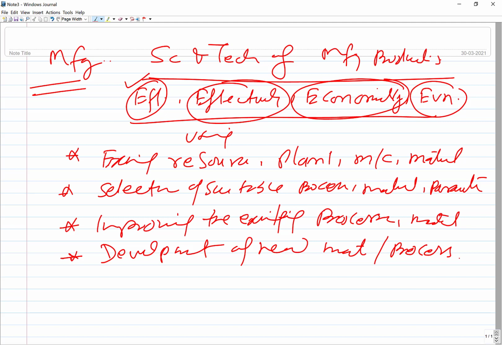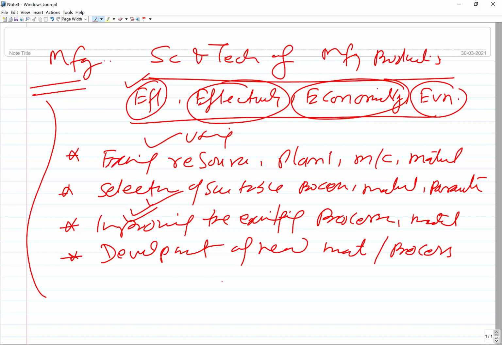Okay, so this is the science and technology behind manufacturing the goods efficiently, economically, environment friendly and effectively, using the existing resources through the suitable selection of the process parameters and materials, while at the same time, if required, improving the existing processes so that it is economical and effective.